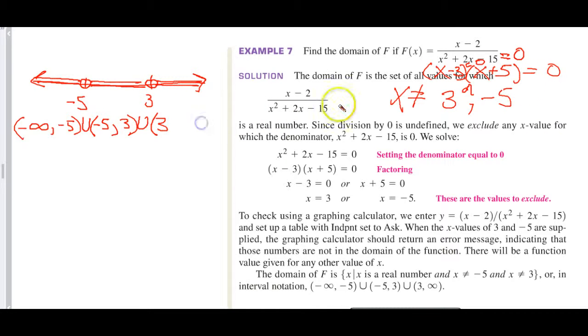Up to positive infinity. That's better. And that's what they have over here somewhere. Yeah, I just saw it there. Perfect. Okay? You'll be doing some of those.